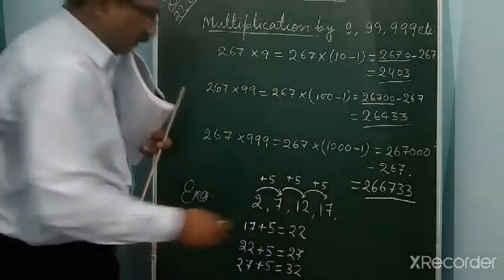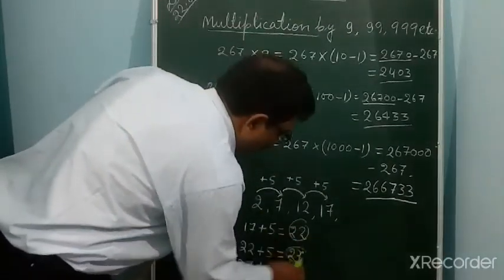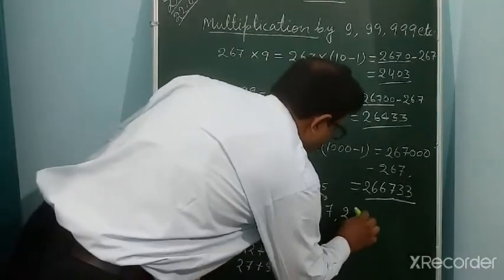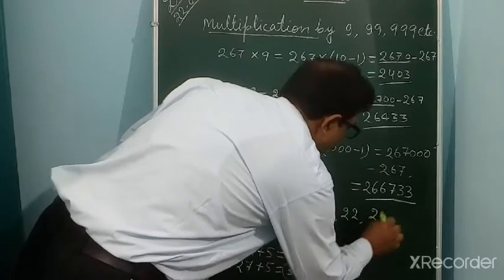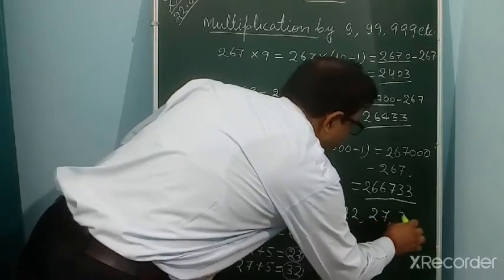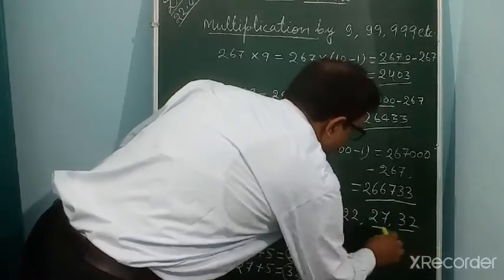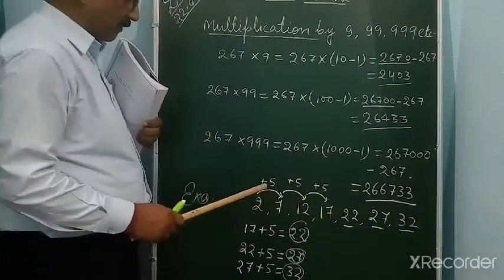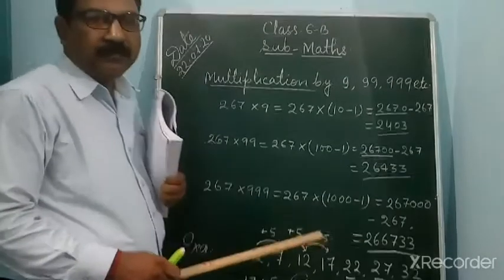So in this way you can write 22, 27 and 32. So these 3 numbers will come in the same pattern as increasing by 5.